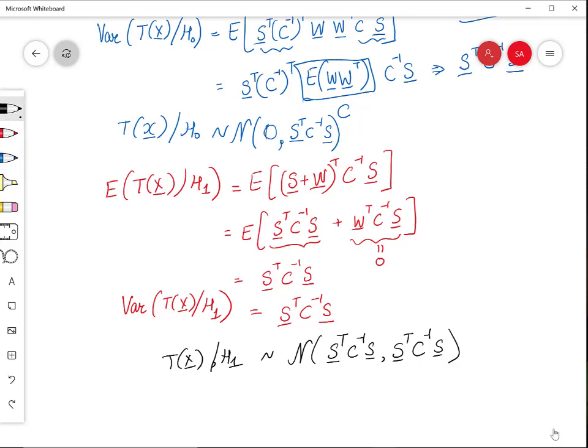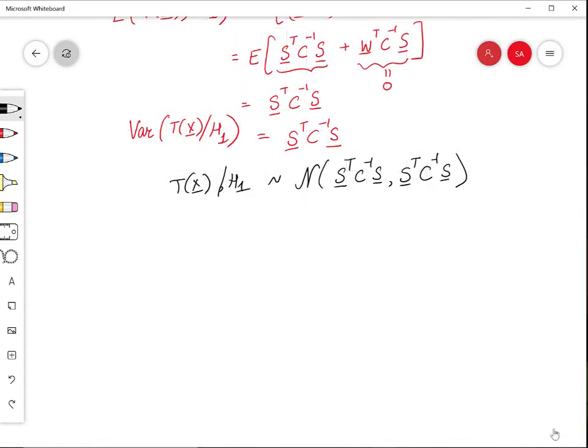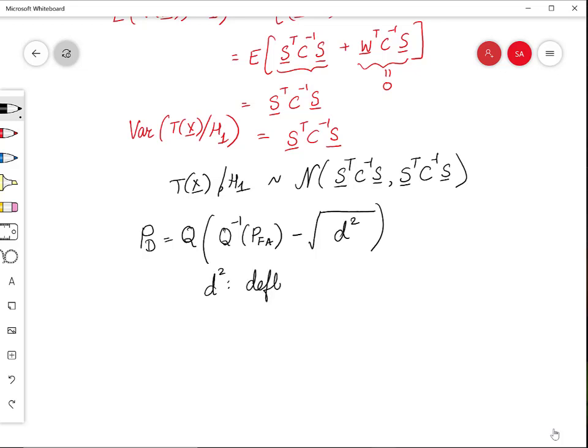Using our earlier concept of how to figure out the probability of detection, PD is equal to Q of Q inverse of probability of false alarm minus under root of D square, where D square is the deflection coefficient.